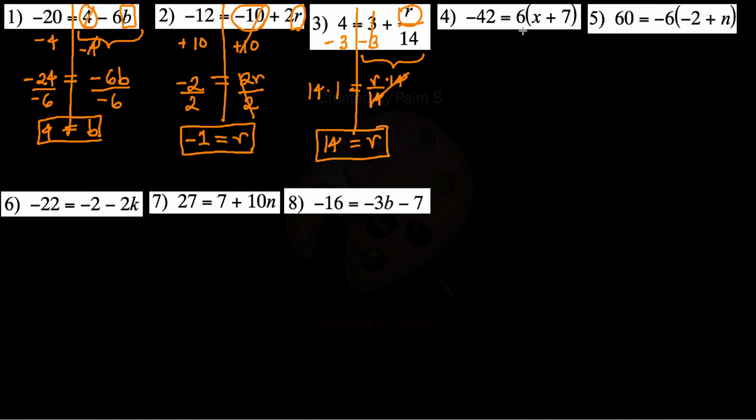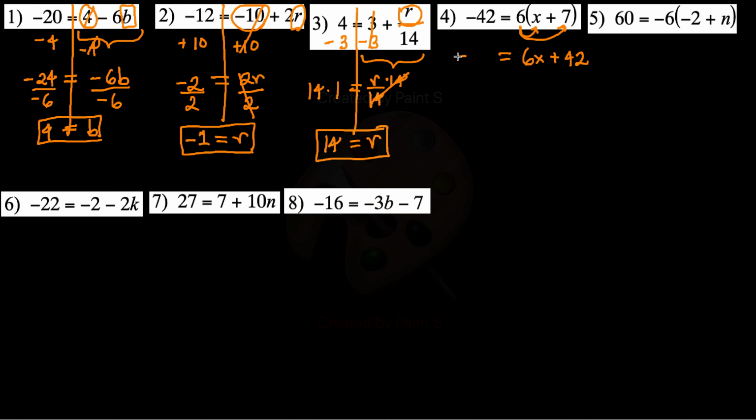Now, in this case, what you want to first do before you do anything in something like this, and you might have something like this, is simplify this right-hand side before you do anything. So how do you simplify? Well, that 6 you can distribute into the two terms here. So you get 6 times x, which is 6x, plus 6 times 7 is 42.